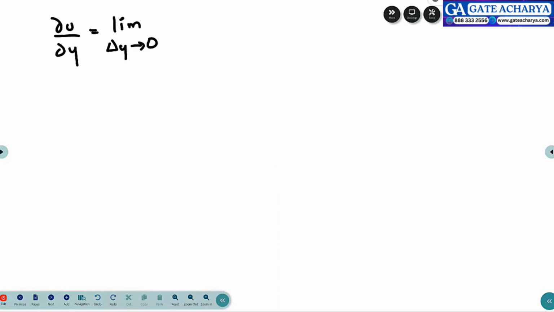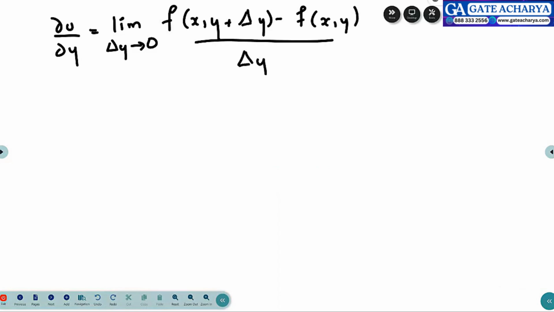Here I am going to provide the infinitesimal on which variable? The y variable. I am not going to change the x variable. So f of x comma y plus delta y minus the original function f of x comma y, divided by what? Understood? So this is a partial derivative.